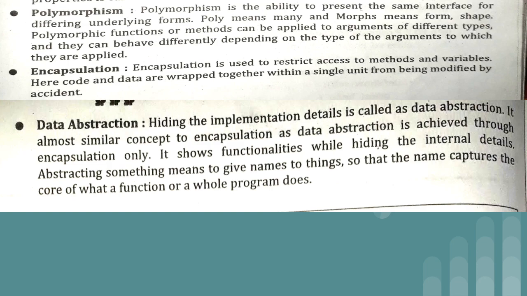The next topic is data abstraction. Data abstraction means whatever is necessary for the user, display only that to the user and hide the implementation details. For that you can take the example of an ATM machine. As a normal user, not a programmer, when I insert a card, it asks for the PIN number.